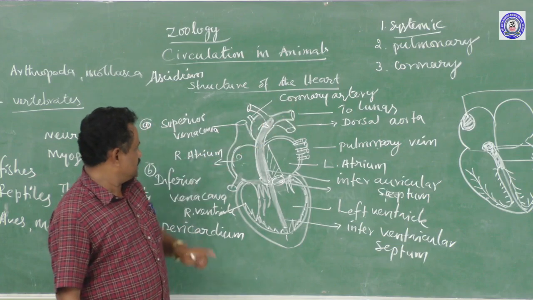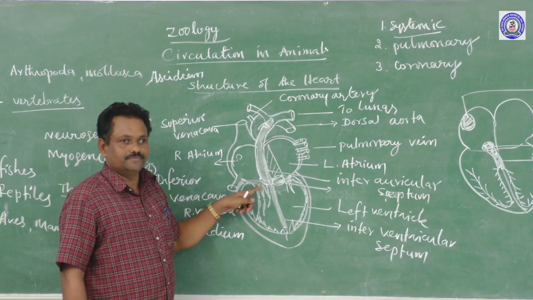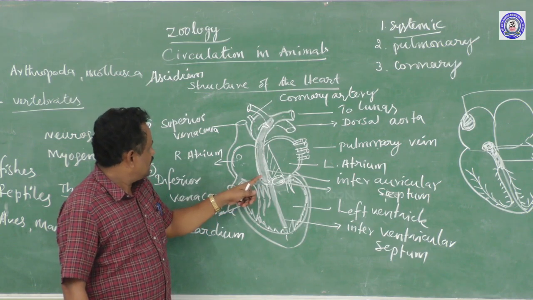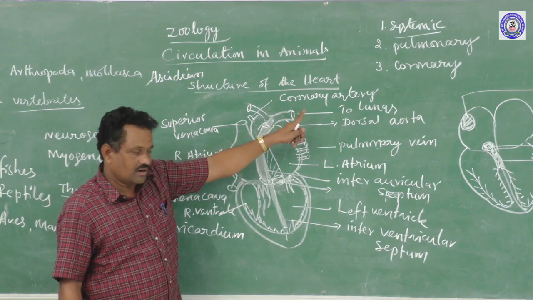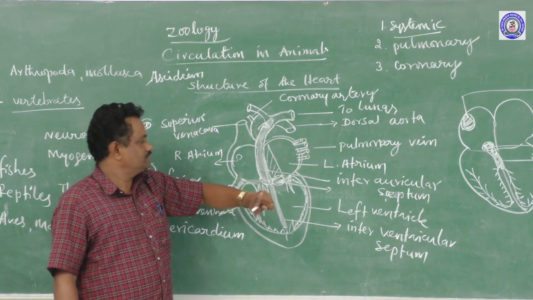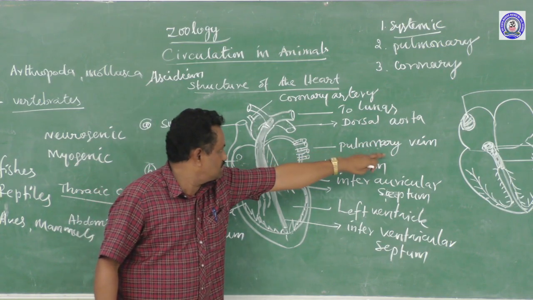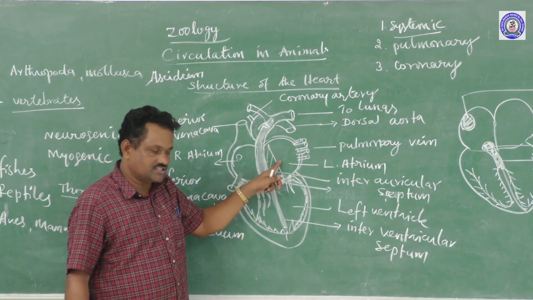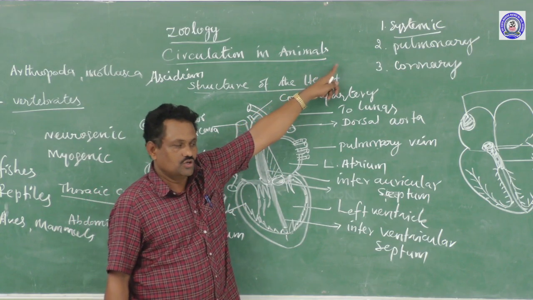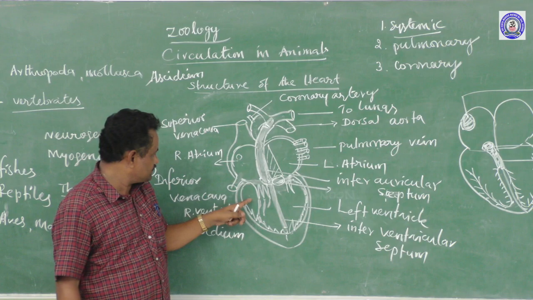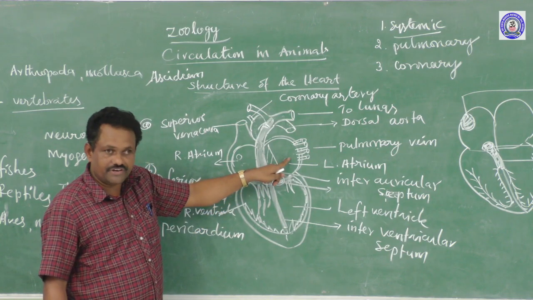Pulmonary circulation begins here in the right ventricle and ends at the left atrium.